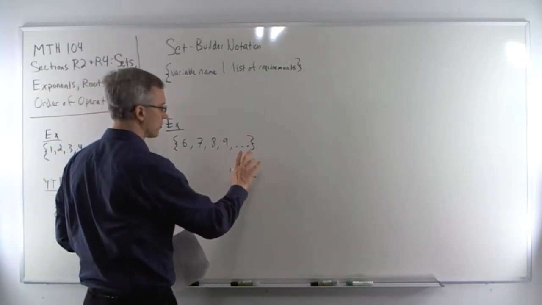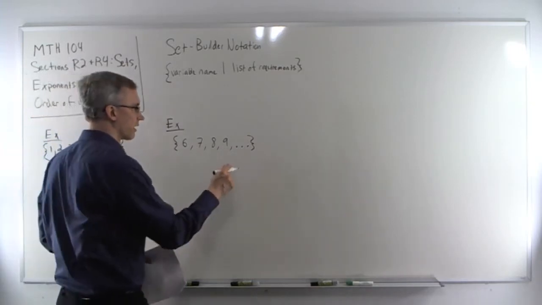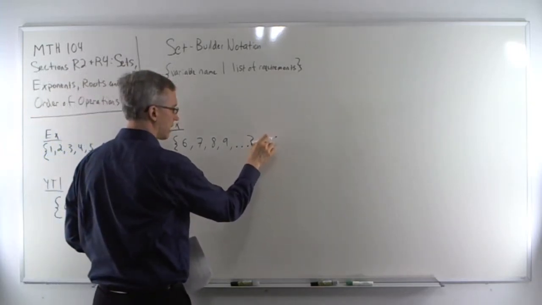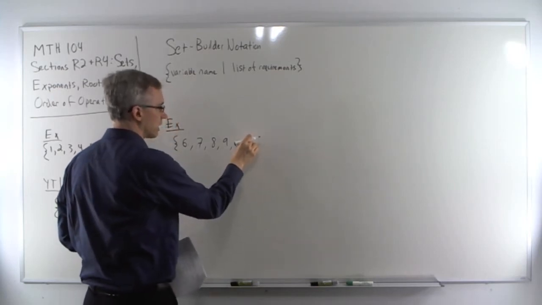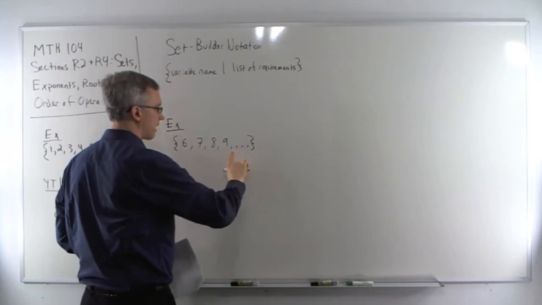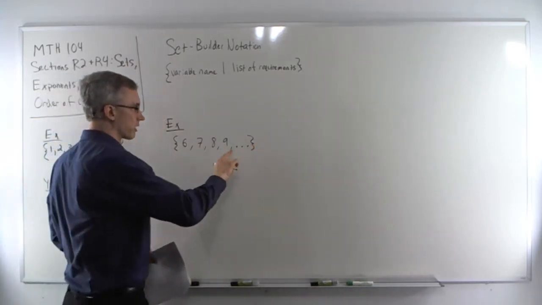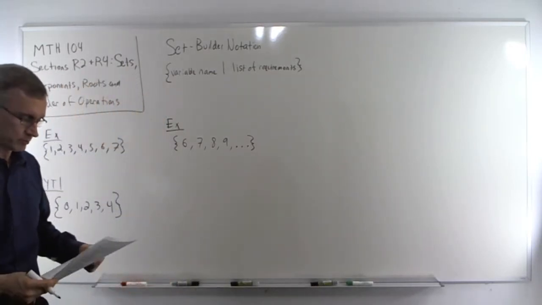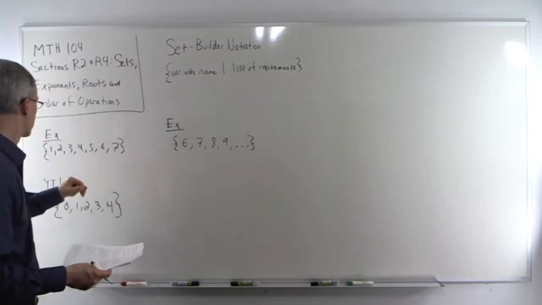Now there are some ways to use ellipses so that it's not the pattern that continues forever. If I, let's say, put a 20 here inside the braces, that means the pattern would continue on until you hit 20. But if you don't have a number following it, if it's just the ellipses, then it just goes on forever. So there's a difference then between this set and this set.